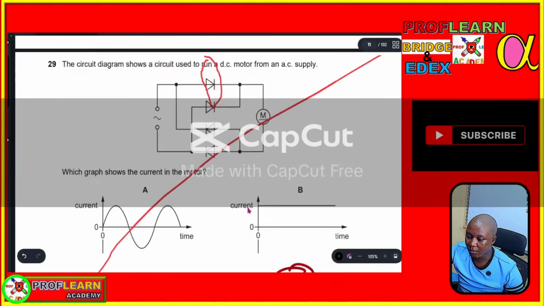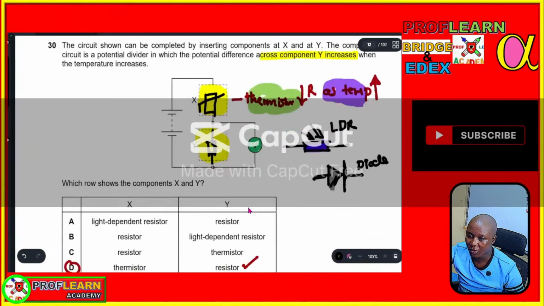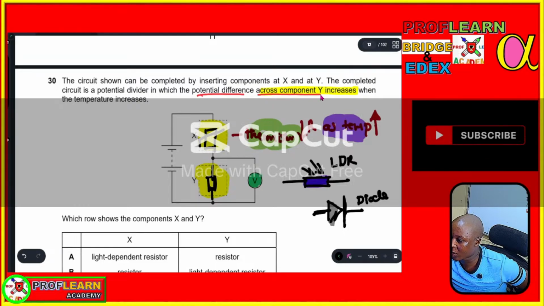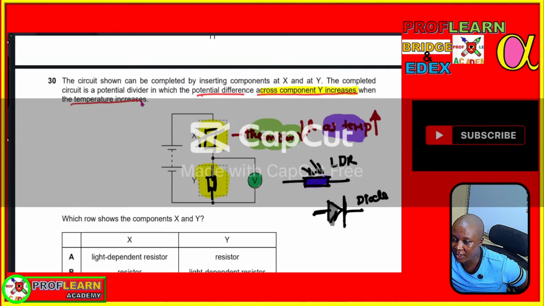Okay, so moving to question 30. The circuit shown can be completed by inserting component X and Y. We are told that the potential difference across Y increases when temperature increases.